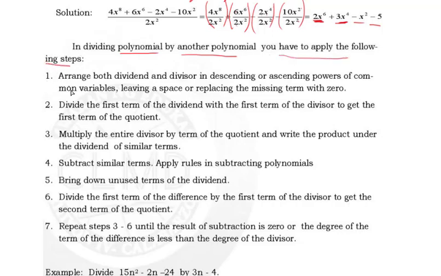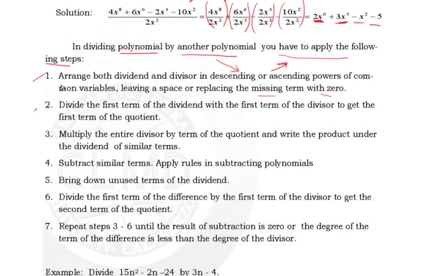So, una, arrange muna natin ang dividend and divisor in descending order. So, descending or ascending order. Nasa sa inyo po kung ano gusto nyo gamitin. Powers of common variables, leaving a space or replacing the missing term with 0. Pag may missing na power, pwede mong lagyan ng space or lagyan mo ng 0.